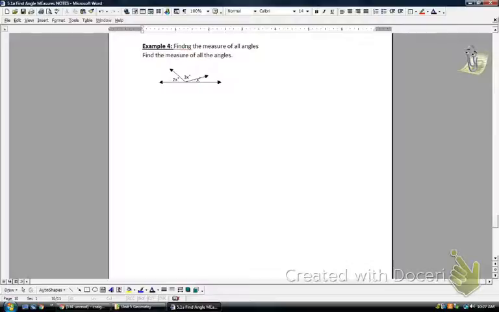This example, example 4, finding the measures of all angles, is where we are going to use some of our algebra to solve for each of the angles. I know that the angle that's 2x, the angle that's 3x, and the angle that's x, all of those added together makes this straight angle.